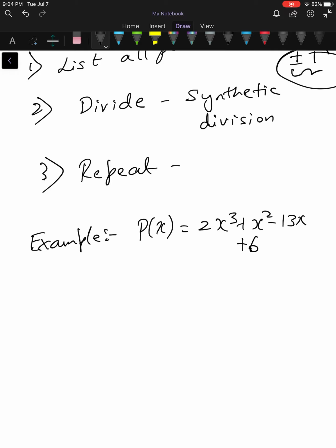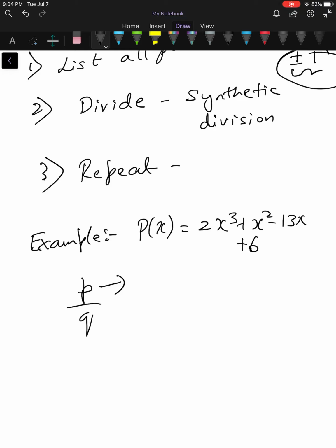So using the rational zeros theorem, you know that a rational zero will be of the form p over q, where p is a factor of the constant coefficient and q is a factor of the leading coefficient.